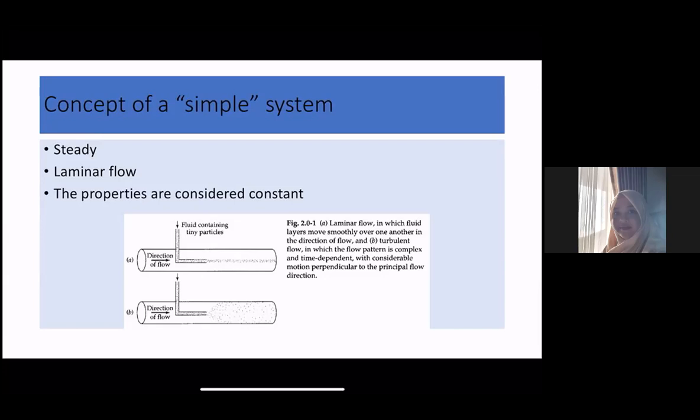Okay, this is an example experiment. There is a fluid flow, and at one point we put a tiny pipe there, and we put a fluid containing particles, maybe in different colors. Sorry, it is very noisy.